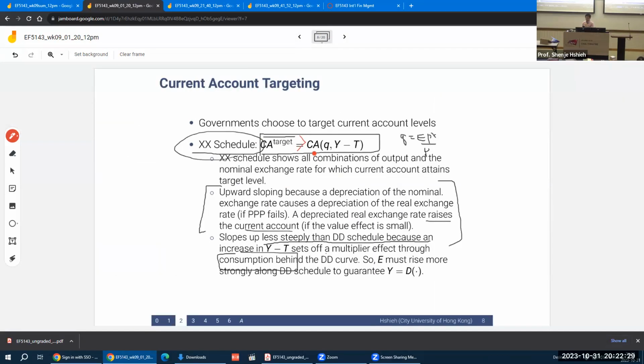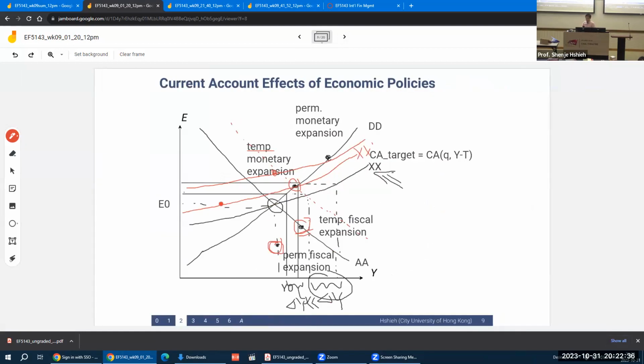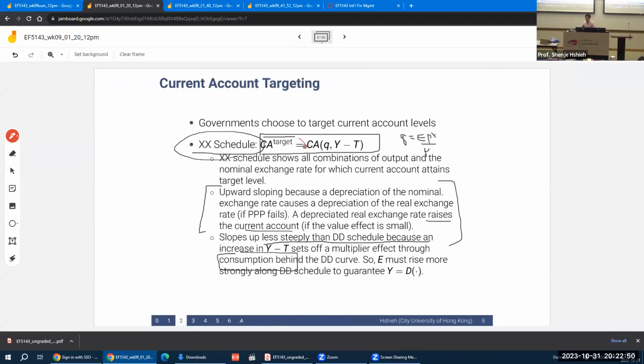So if you want to think about it as up and down, you would just fix Y. And let's say instead of $5 billion, it's $10 billion. So obviously the current account target is larger than before.